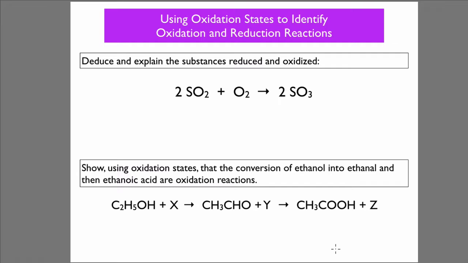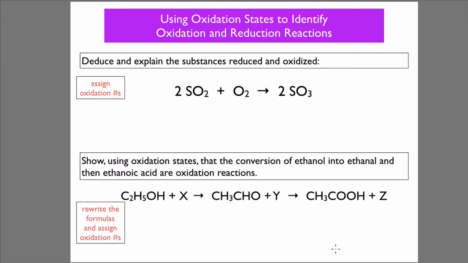Deduce and explain the substances reduced and oxidized in this top one. Well, first thing you do is assign oxidation numbers. So, we know how to do this. We know oxygen is minus 2, we know sulfur is, and we calculate the sulfur is plus 4 from the minus 2. Oxygen, it's a molecule, so it's going to be 0. It's an element state.